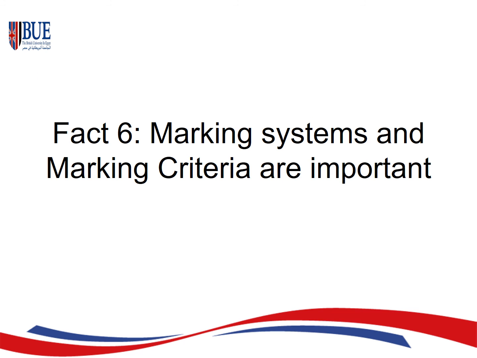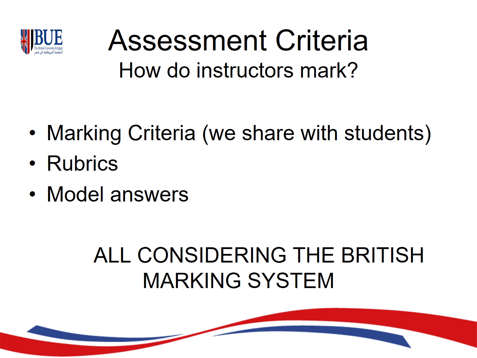Fact number 6 is that we have marking systems and marking criteria that are very important. They are used by the instructors. They are also shared with you as students. So we have marking criteria, which we share with the students, rubrics, and model answers that we share, of course, after the assessment.